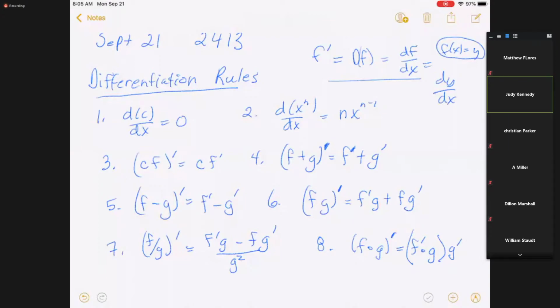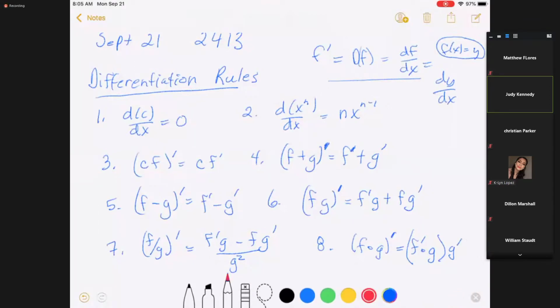The derivative of a constant is 0, constant regarded as a function. Power rule. Some of these have names. This one's generally called the power rule. The derivative of x to the n with respect to x is n x to the n minus 1.